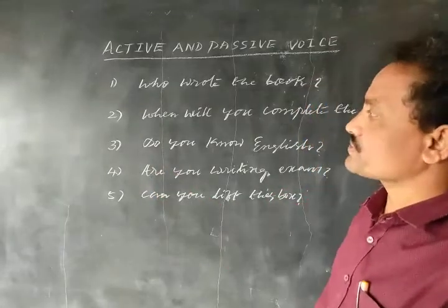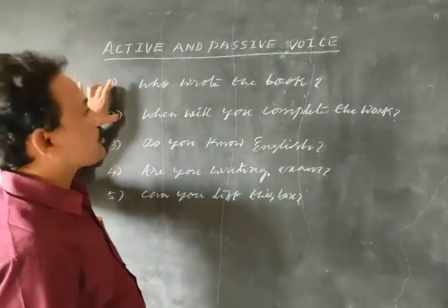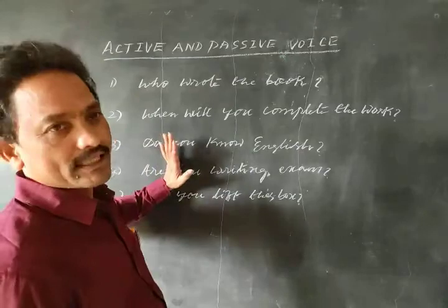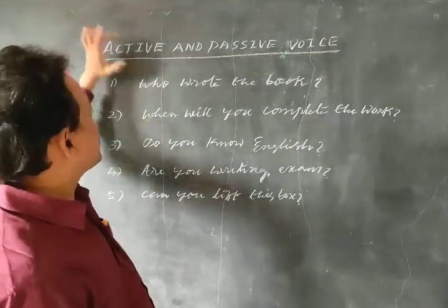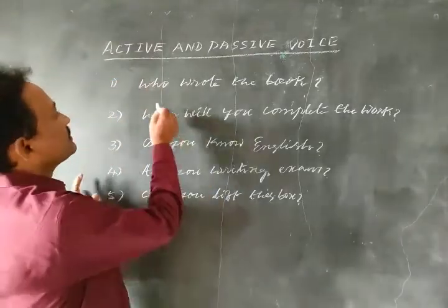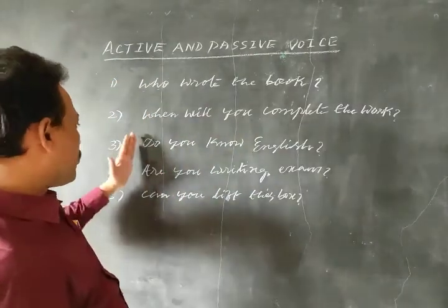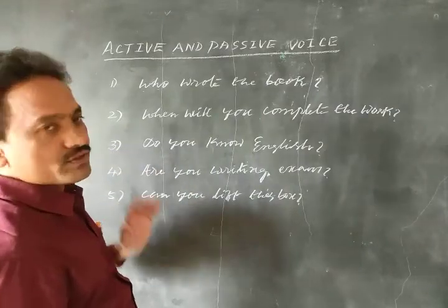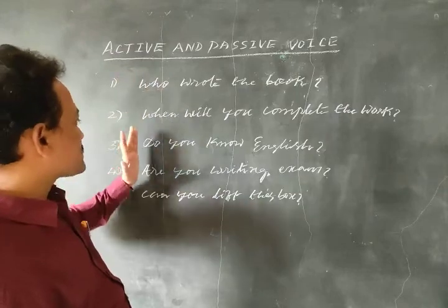These are all questions, and all are interrogative. But the first and second questions are WH questions because they begin with WH words. All the others are yes or no questions. Why are these called yes or no questions?